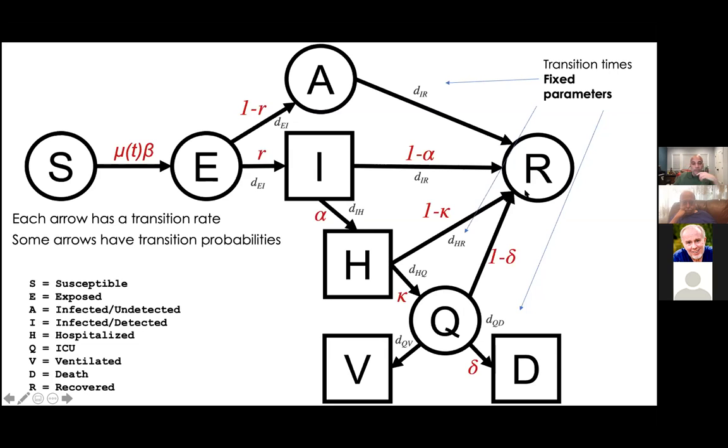It can also go to recovered as well. There's this little box that comes off of the ICU component, and that represents ventilation. We don't actually observe the number in ICU by day. We do observe those that have been put on ventilators. And so there's a proportion of those in the ICU that will be on ventilators.